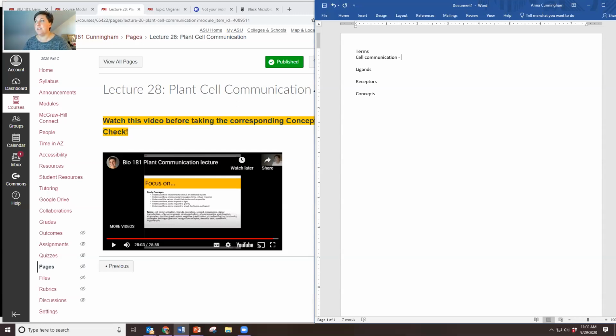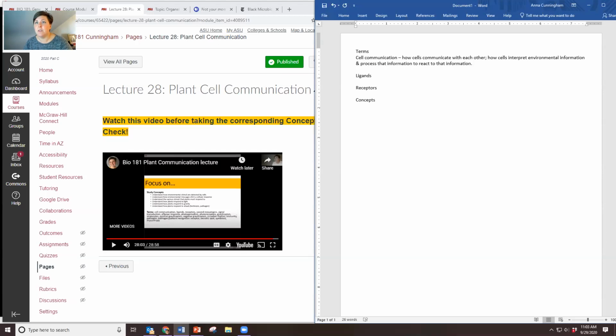Cell communication, off the top of my head, based on what I know, is how cells communicate with each other, and also how cells interpret environmental information and process that information to react to it. That's how my mind processes it.